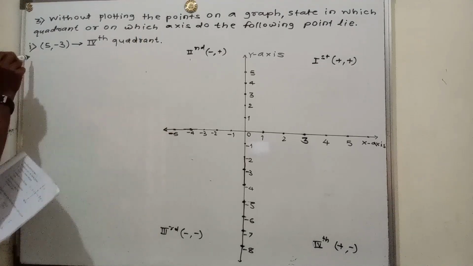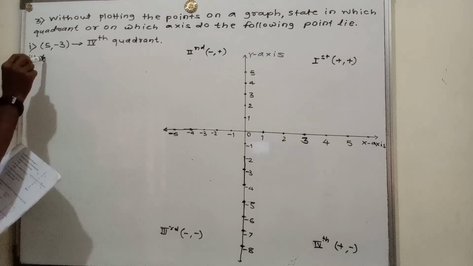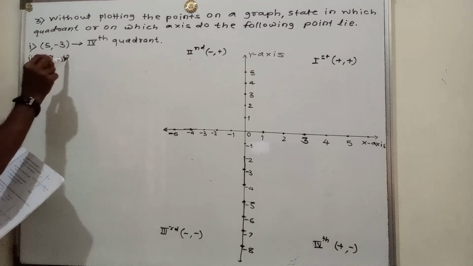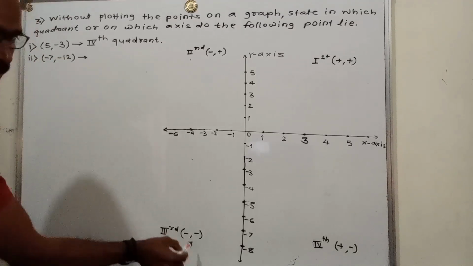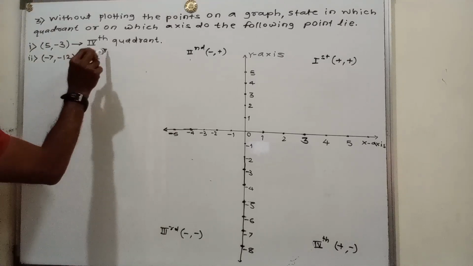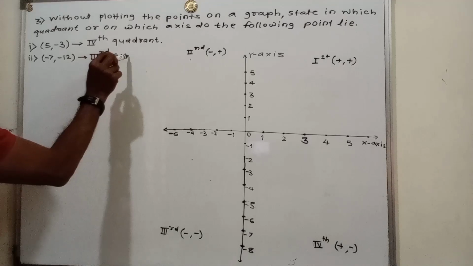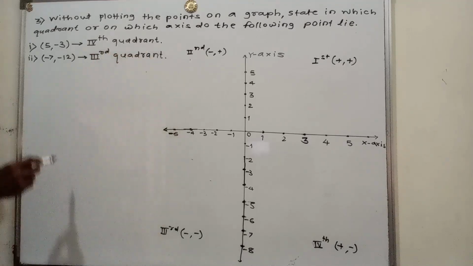Then second, that is minus 7, minus 12. Both are negative. So third quadrant. Did you get it? Yes.